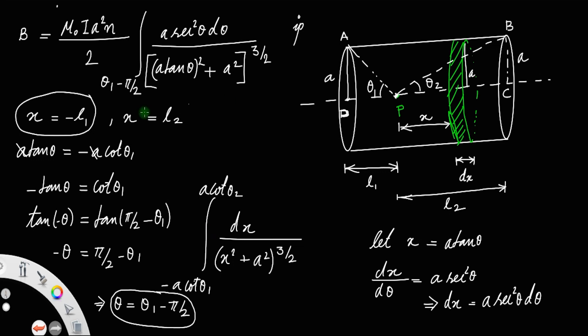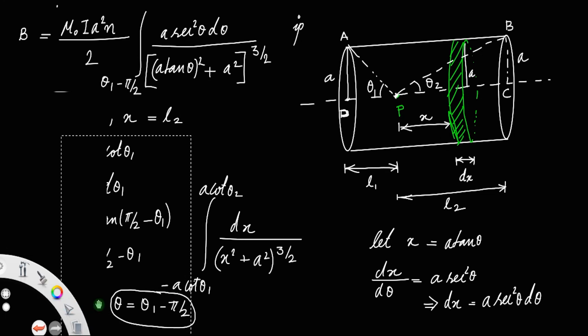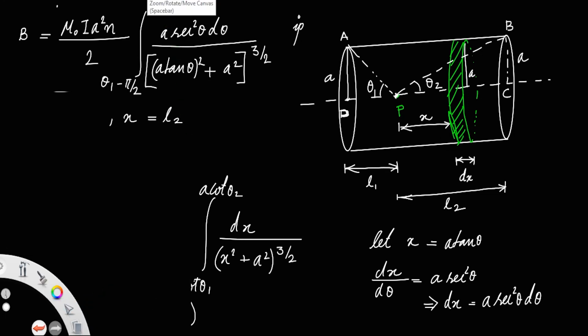Similarly, now take this equation. When x is equal to L2, that is x equal to a tan theta, a tan theta is equal to L2, and we know L2 is a cot theta 2. So a and a will get cancelled.